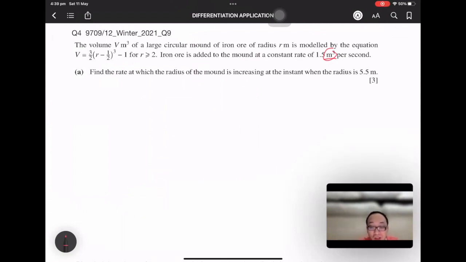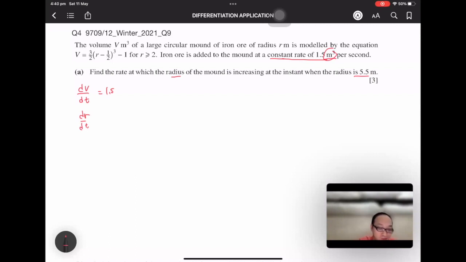So that means the constant rate is the rate of change of the volume. It's 1.5. Find the rate at which the radius. So we find the dr/dt when the radius is 5.5.